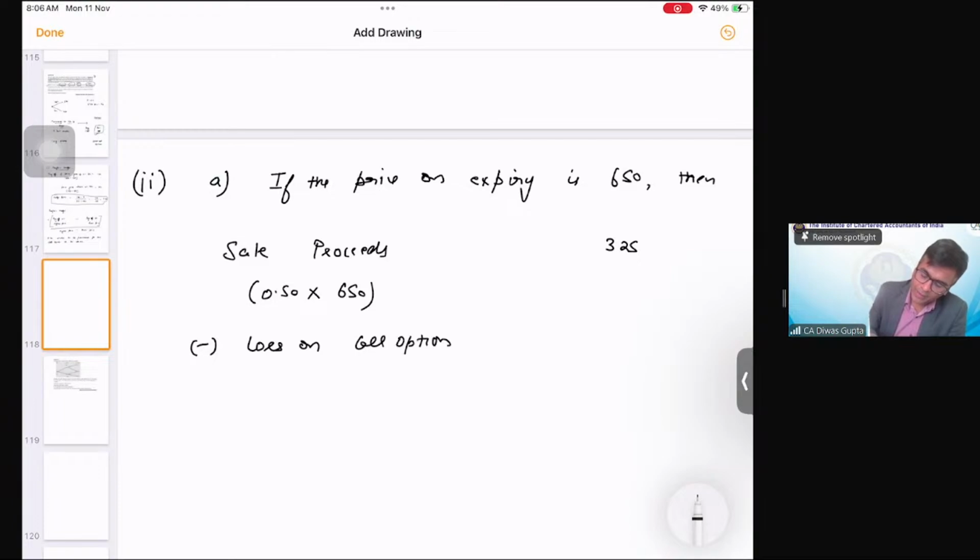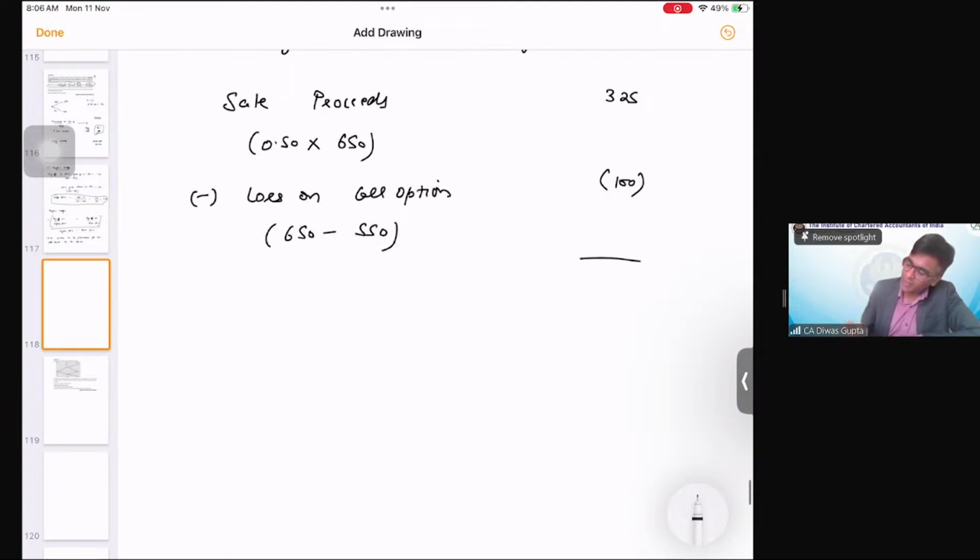Here the loss will be 100 rupees. Why? Because 650 is the expected price, 550 was the strike price, and we are the option writers. Being an option writer, there will be a loss if the share price is higher than the strike price in case of a call option. So 225 becomes the net cash inflow.